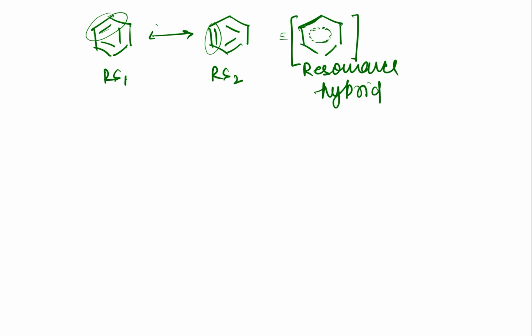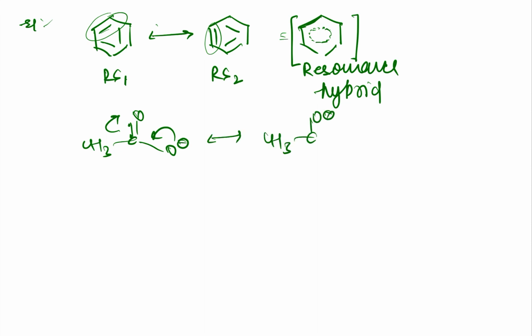So what are the other examples of resonance? Other examples of resonance are like CH3 C double bond O negative. Here this is a pi electron pair, and this will shift because of this, and it will form CH3 C negative double bond O. And here also CH2 double bond CH double bond CH2. It will shift over here and it will shift over here.